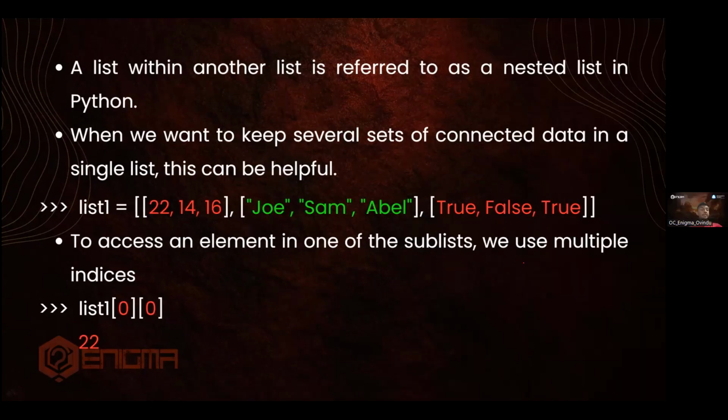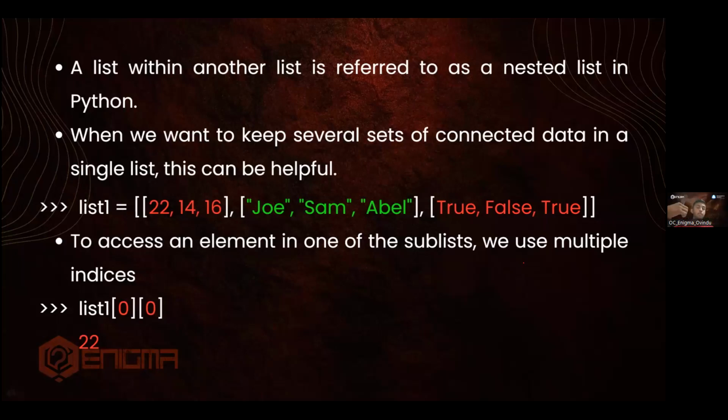So that list would get the index of 0. Then you check inside the nested list: what position does 22 have? You can easily see that 22 is the first element in the nested list, so it will have the index 0.